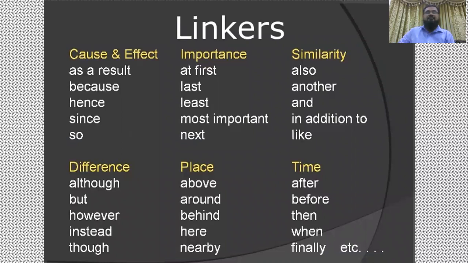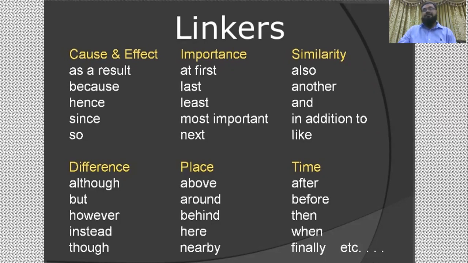These are the linkers. Earlier we discussed that there should be linkers. Cause and effect linkers are as a result, because, hence, since, so. These can be used when you are giving causes and effects. When you are discussing the difference between things: although, but, however, instead, though.